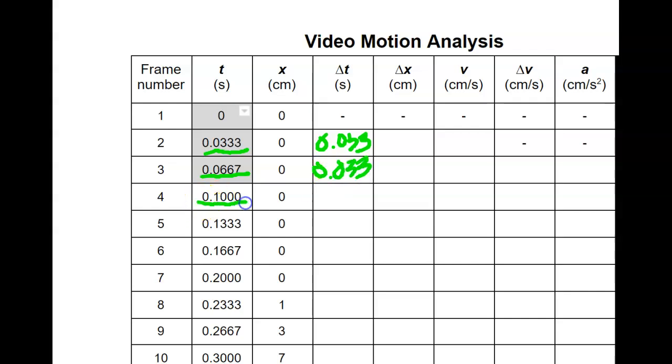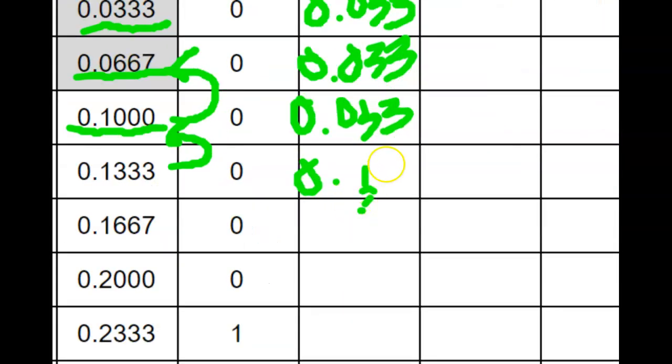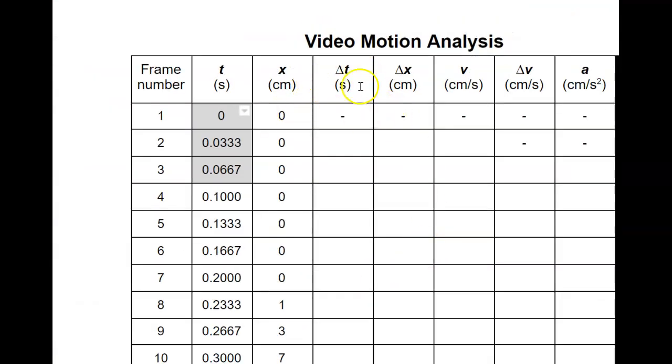At time 4, I'm going to subtract the same thing. So it's just this one minus that one. At time 5, this one minus that one. And that's how we are going to calculate our delta t.